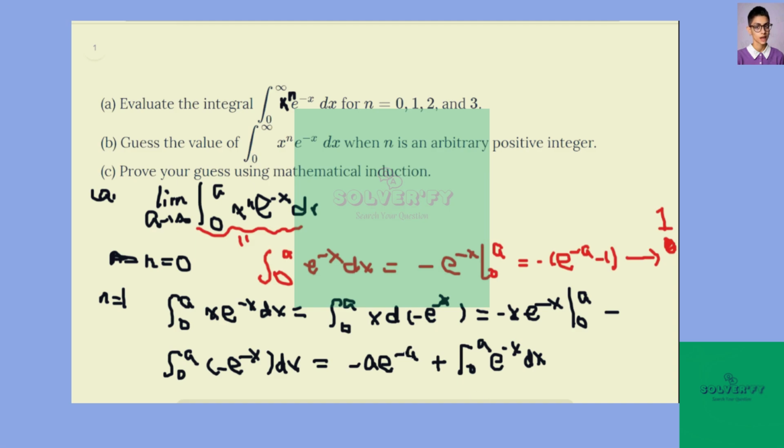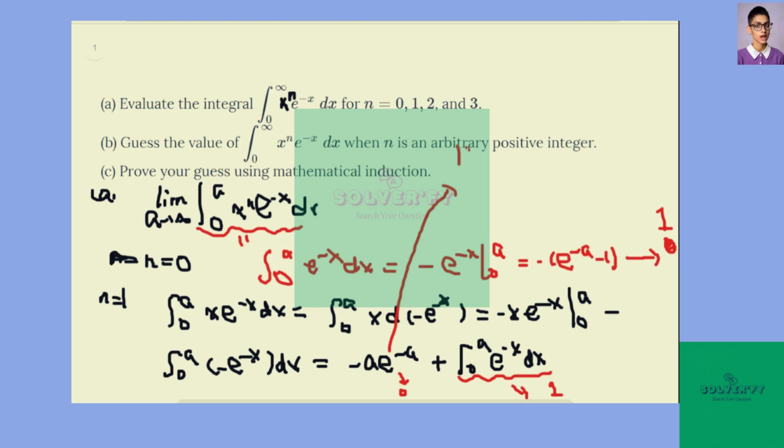So when A goes to infinity, this part goes to 1. This is the case n equal to 0, so this is equal to 1. And when A goes to infinity, A times e^(-A) goes to 0. Here we can use L'Hopital's rule.